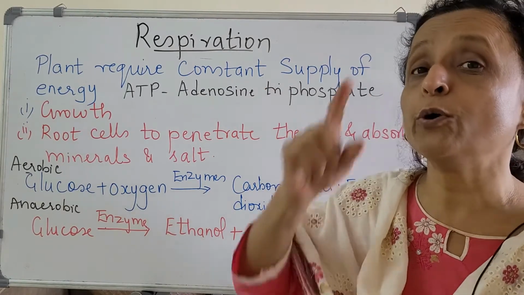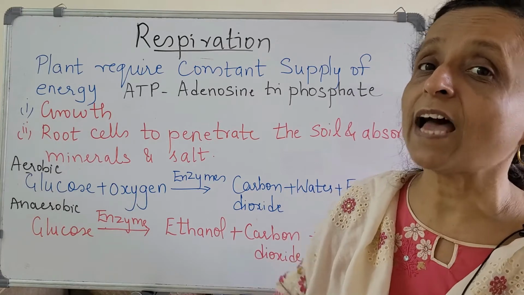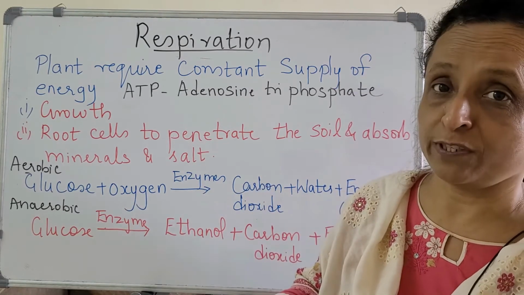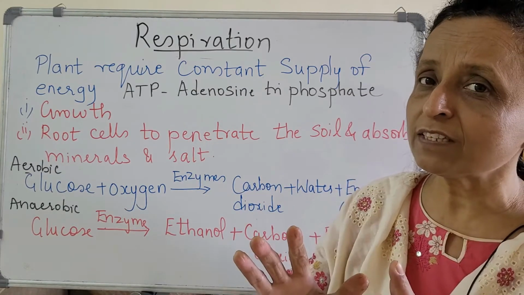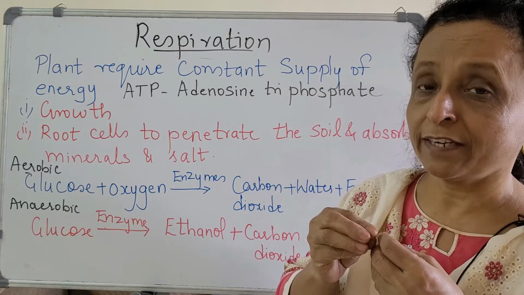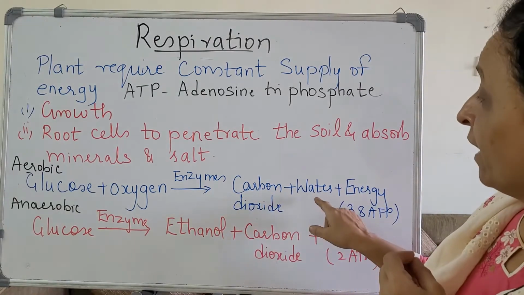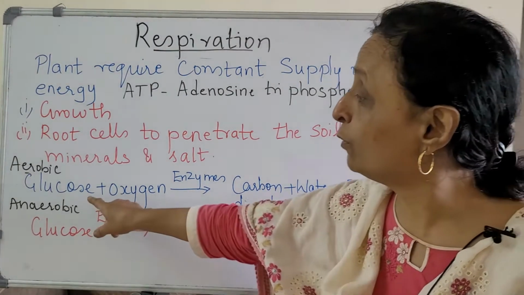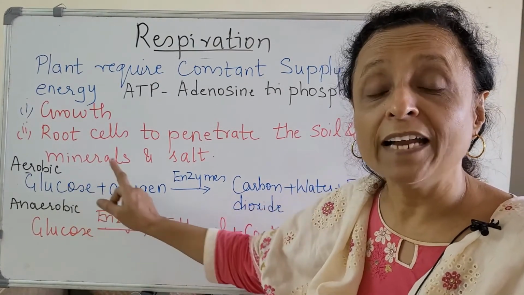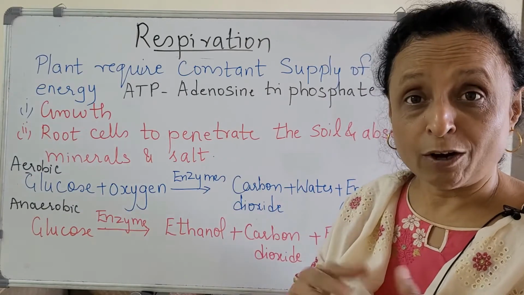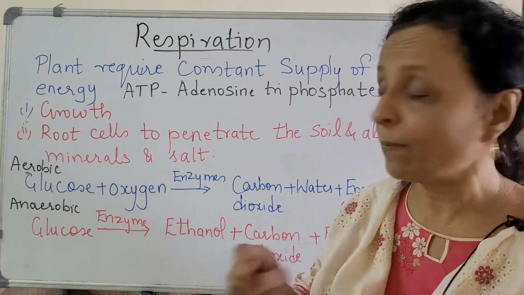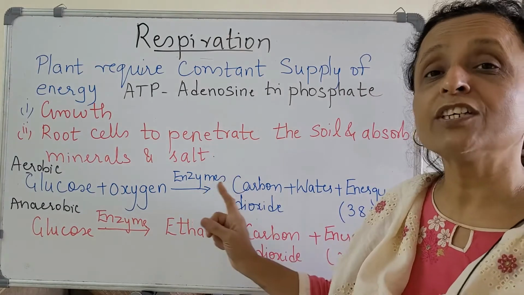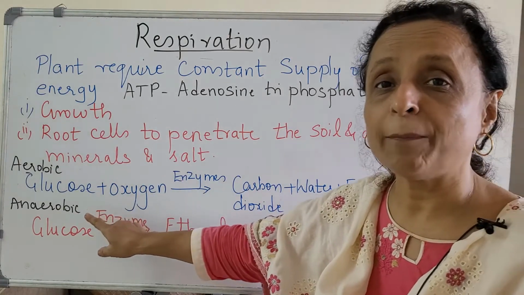Now you should know respiration is exactly opposite of photosynthesis. In photosynthesis, carbon dioxide combines with water to form glucose, and it releases oxygen along with glucose. But here in respiration, exactly opposite happens.